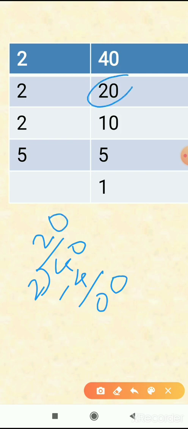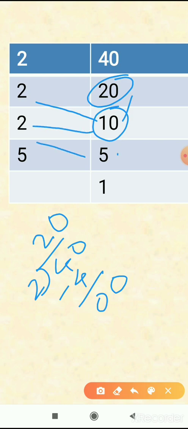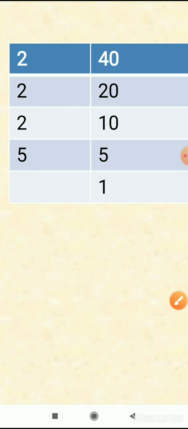Again 20 is even, so we divide by 2: 2 tens are 20, and 10 is the quotient. Again 10 is divisible by 2: 2 fives are 10, and 5 is the quotient. And 5 is a prime number, divisible by itself: 5 ones are 5.